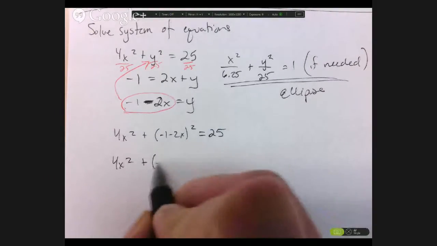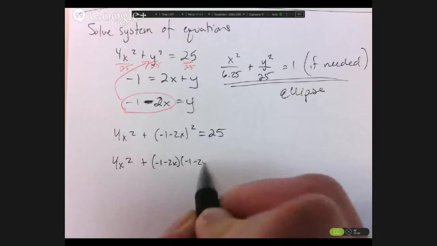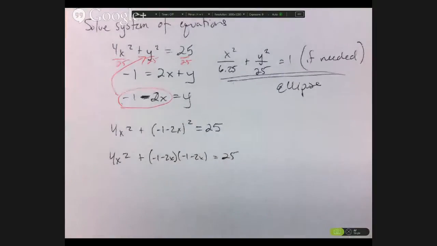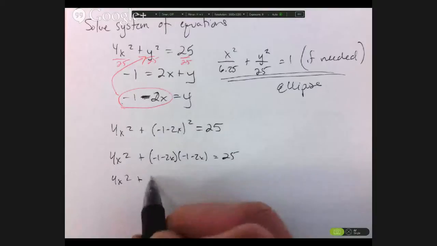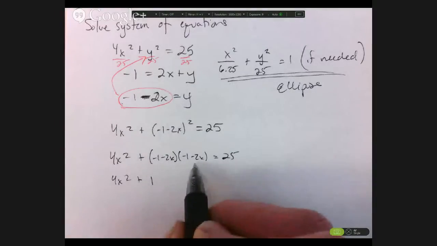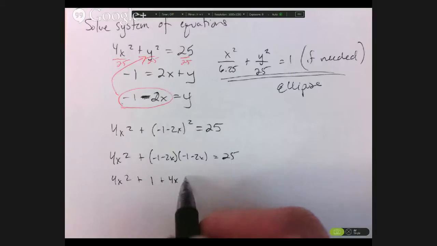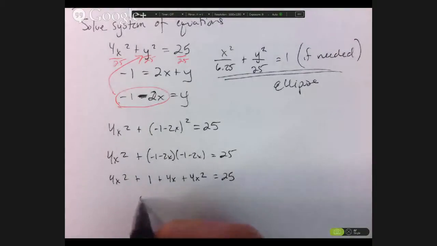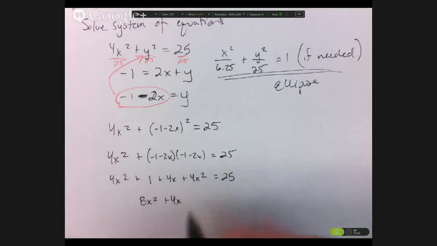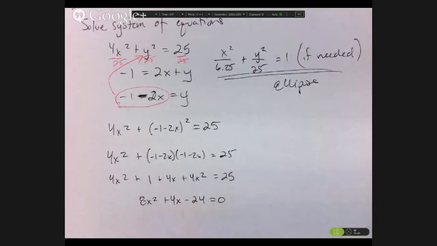Remember, you have to FOIL this, because there are 2 of them. I did a couple things there.